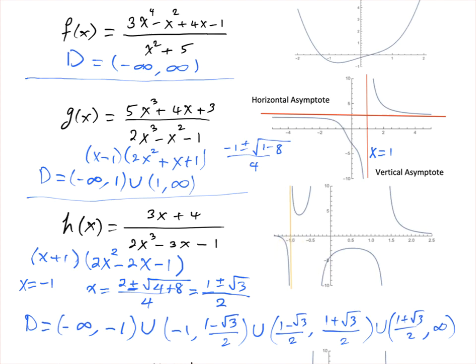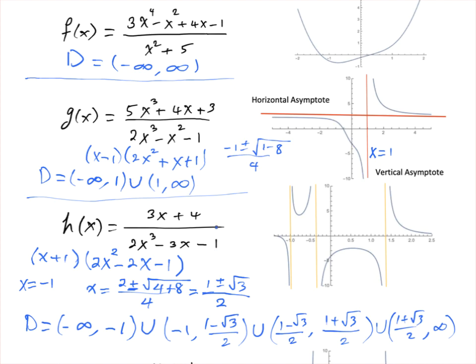And then you have the next one here. This is the one with 1 minus the square root of 3 over 2. So that's about here. And then the third one is 1 plus the square root of 3 over 2, and that would be here. So these are the three vertical asymptotes for this function.